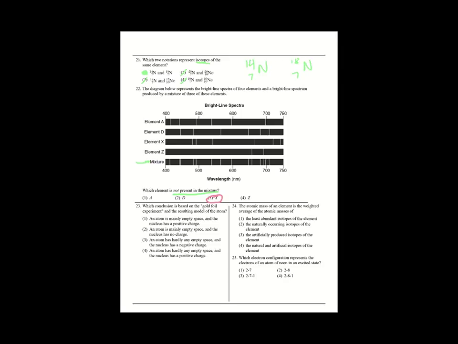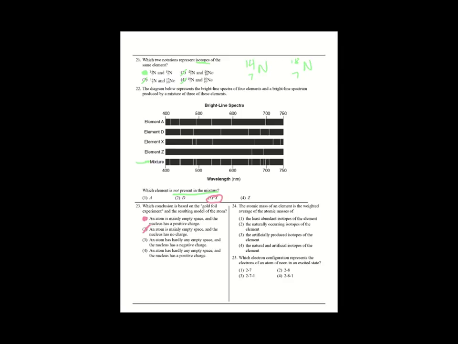23. Which conclusion is based on the gold foil experiment and the resulting model of the atom? So in an earlier question, I wrote the 2 main conclusions, empty space and dense positive center, called the nucleus. So right off the bat, we can see it's choice 1. Choice 2 says the nucleus has no charge, but that's false, it's positive.